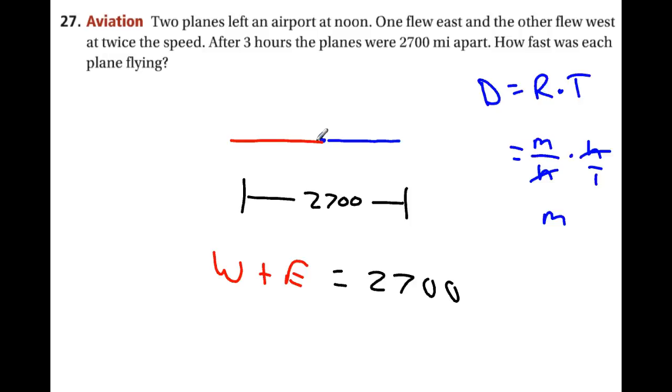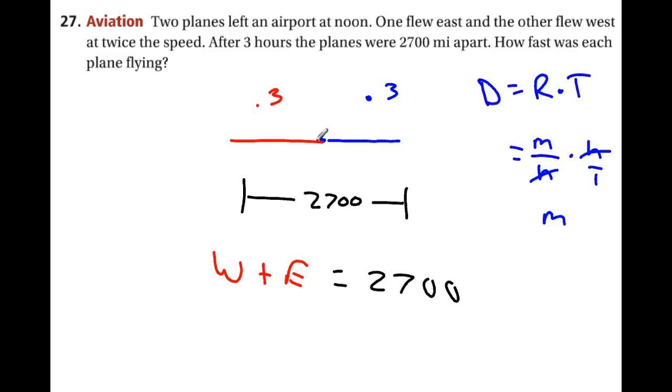Now, each of these is going to have a rate times time. I know the time of each. The time that the one going west is in the air is 3 hours. The time the one that's going east is in the air is also 3 hours. What I don't know is their rates. And when I don't know something, I want to use a variable, because this is algebra, we use variables to solve problems.